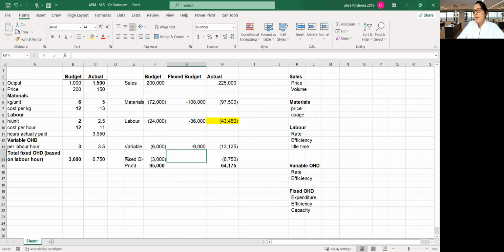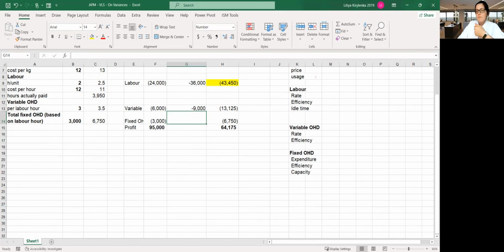And finally, if we talk about fixed overheads, that is going to actually depend on whether we are using absorption costing or marginal costing, because when we talk about absorption costing, we treat overheads as if they were variable. So what we need to do, we need to find the overhead absorption rate.